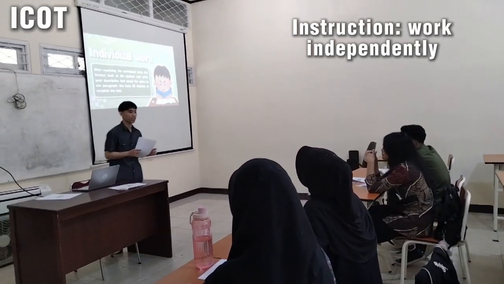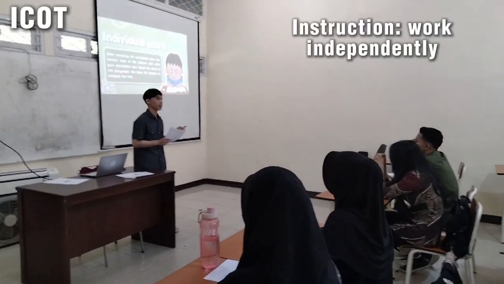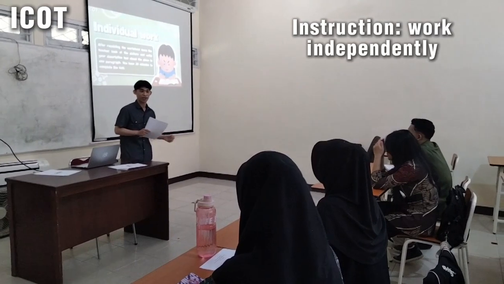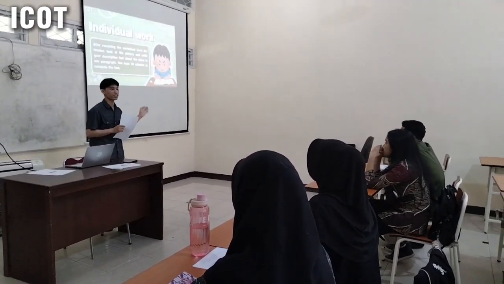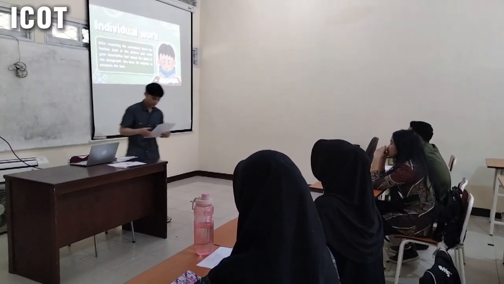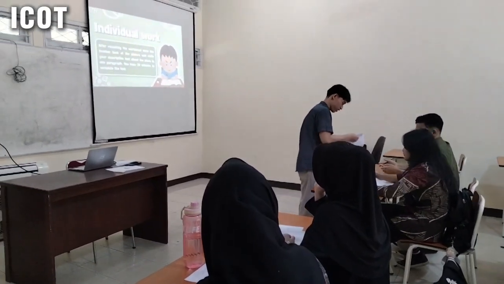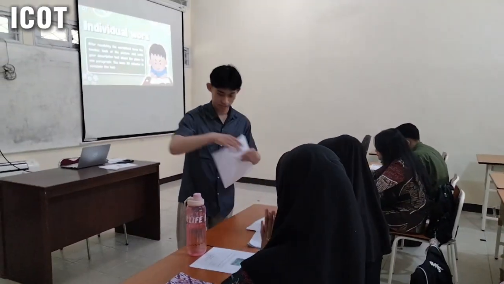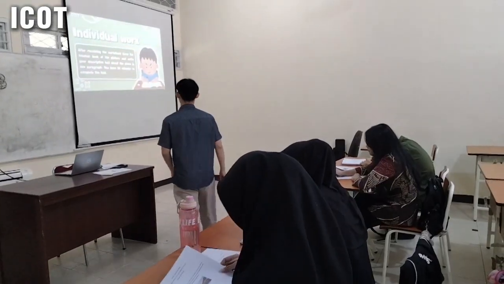You have to pay attention to the language features, the mechanics of writing, and also the generic structure. Okay, do you get what I mean? You have 20 minutes to complete the task. So now I will share the worksheet.